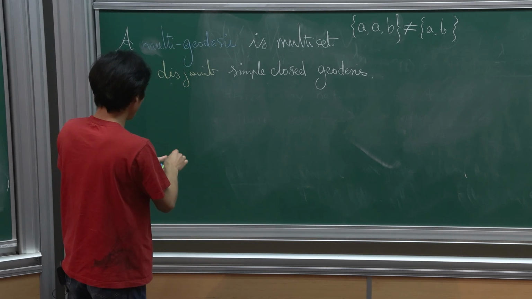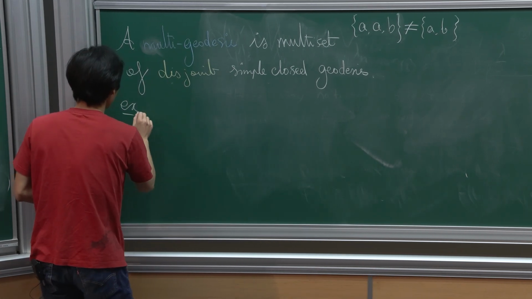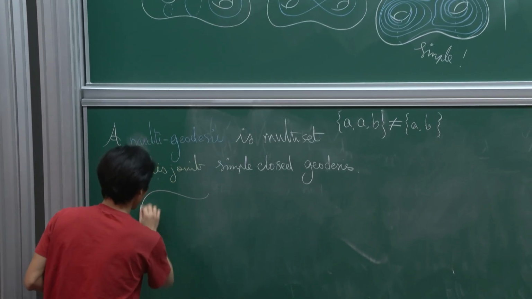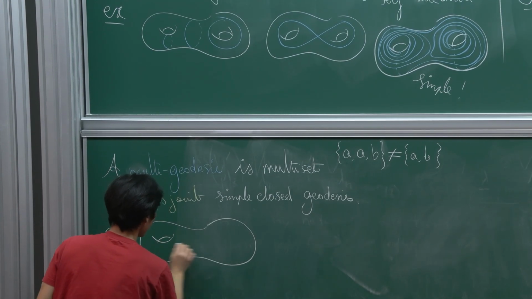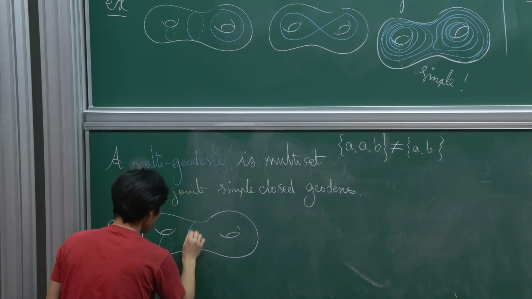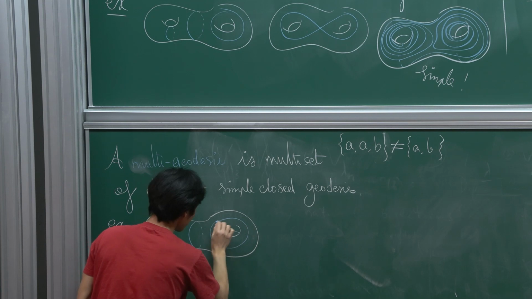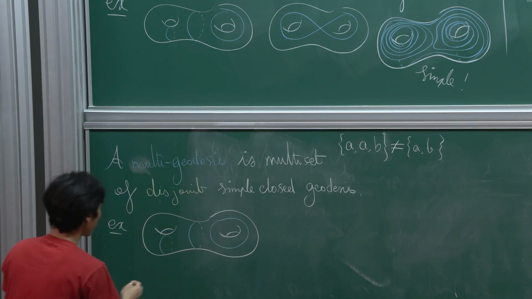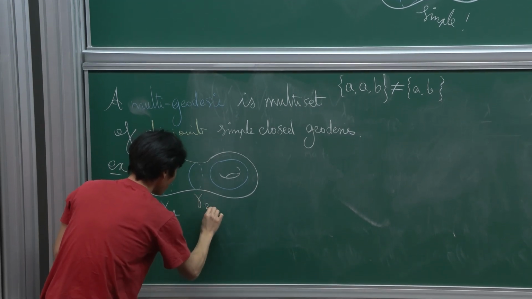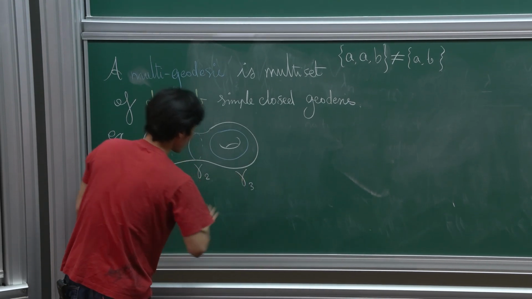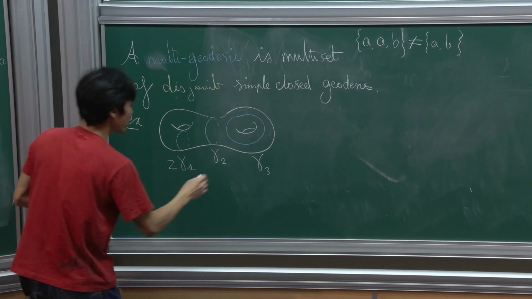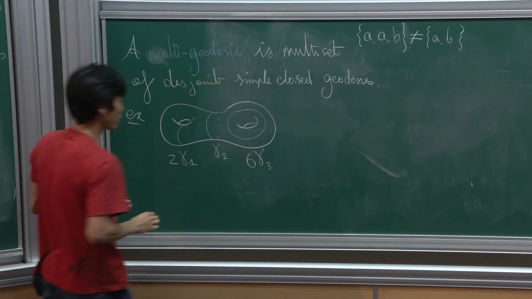Example, I will just retake these curves, the surface with these three curves, but now I can put all of them together. And they have multiplicities. I can see that this one is my gamma 1, this one is my gamma 2, and this one is my gamma 3. And this element appears twice, this once, and this six times.